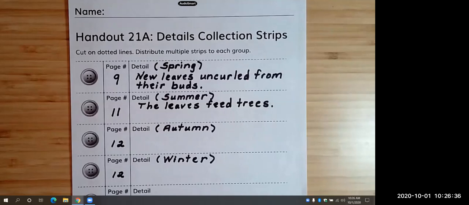As I read page 12, jot down details about what's happening to leaves and trees in autumn and in winter.